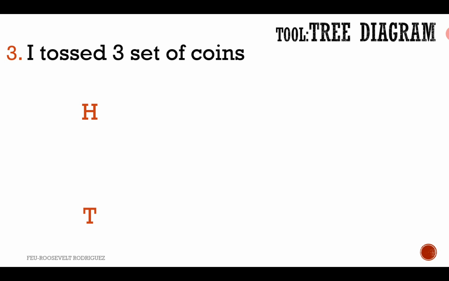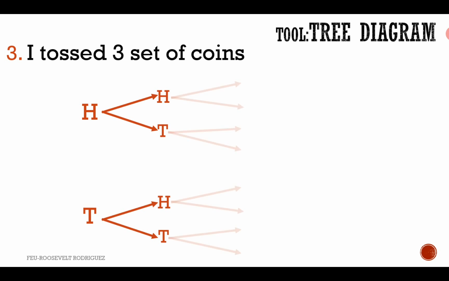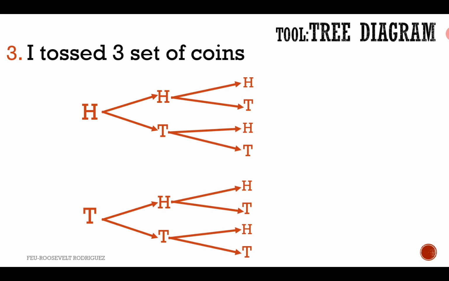And then, ilalagay lang natin yung sumunod na possible outcomes ng ating second coin, which is another head and tail individually per outcomes. Okay? And then for our third coin, just continue the sequence individually per outcomes. Lalagyan natin yung possible outcome nung pangatlong coin natin, which is another head and tail. Right? So that is our tree diagram.